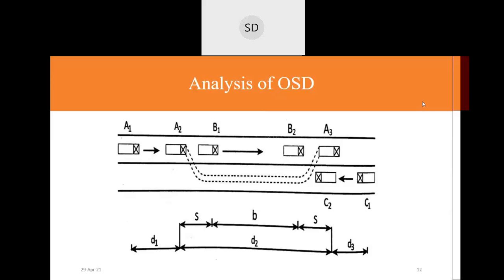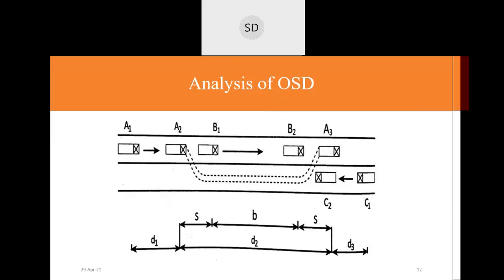So initially the vehicle A will follow the vehicle B, forced to reduce its speed from the design speed to the speed of the vehicle B. So that distance from A1 to A2 is equal to Vb into t second, where t is the reaction time of the driver.